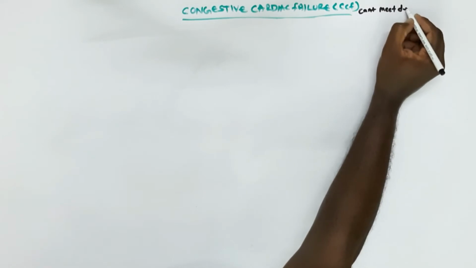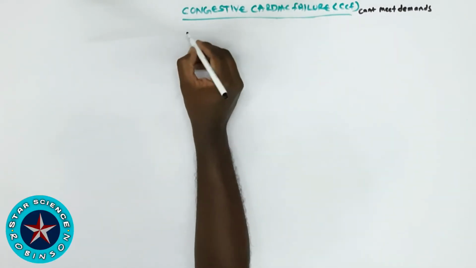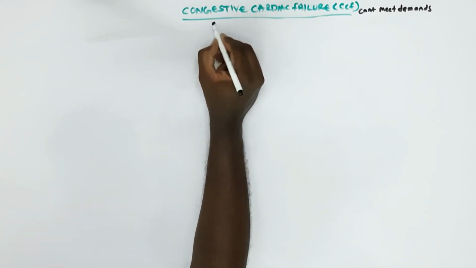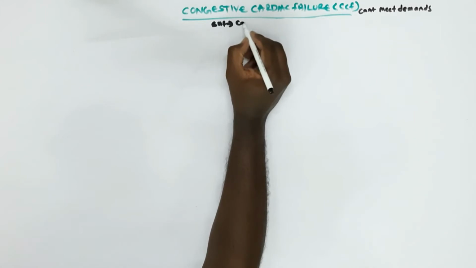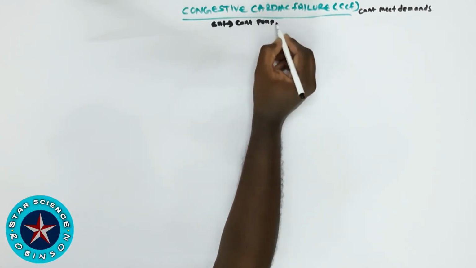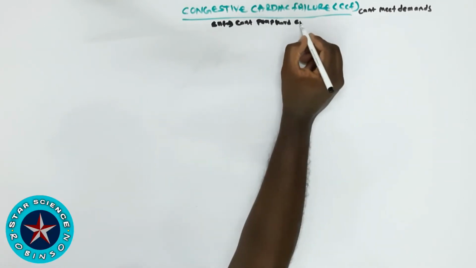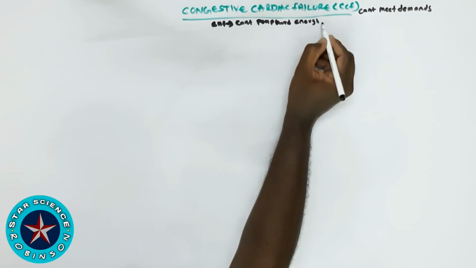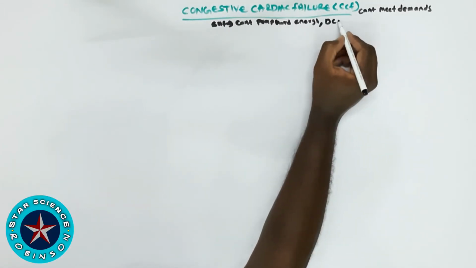First we'll see about two things: systolic heart failure and diastolic heart failure. In systolic heart failure, the heart can't pump enough blood.